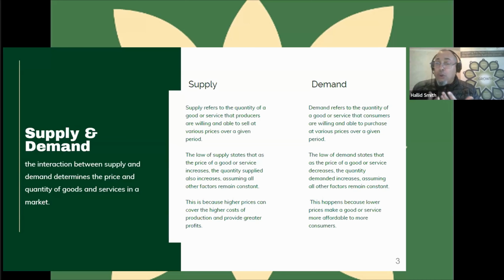Demand refers to the quantity of goods, obviously, that you consume and are willing and able to purchase at various prices over a given period. And this is what you do: when products are cheap, yes, you buy. You're also able to partner with other organizations to have bigger buying power, because this is how it works: the more you buy, the cheaper the products are.